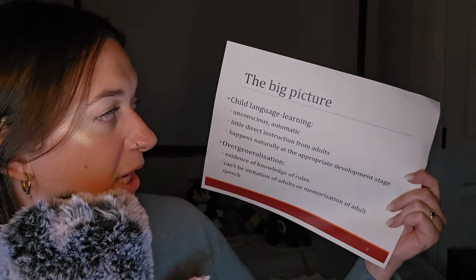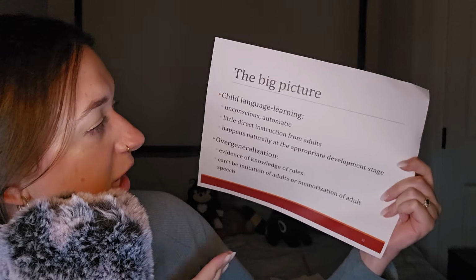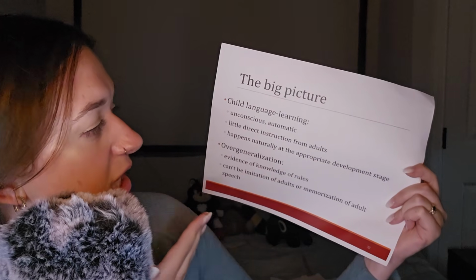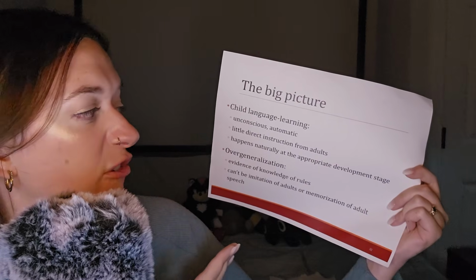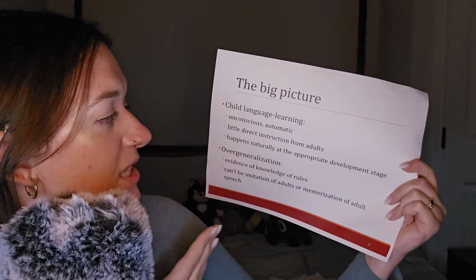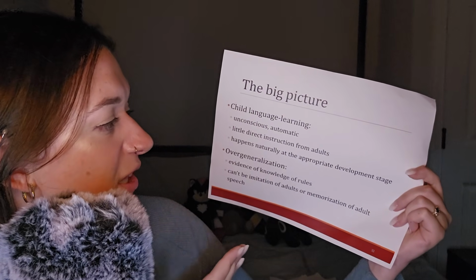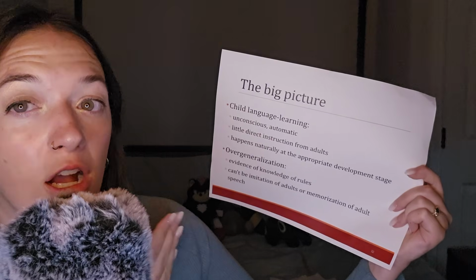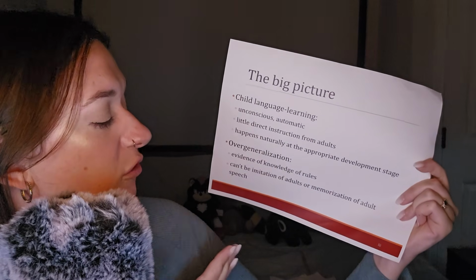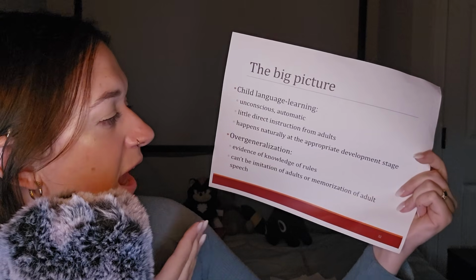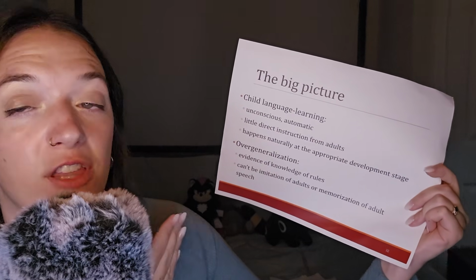So the big picture: child language learning is unconscious and automatic. It happens with little direct instruction from adults, and it happens naturally at the appropriate development stage. A common feature of child language acquisition is overgeneralization, and this is evidence of their knowledge of rules.